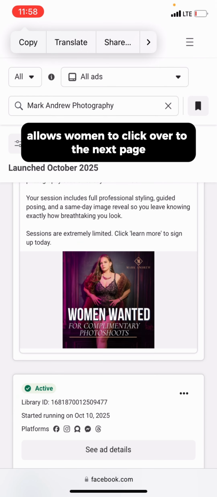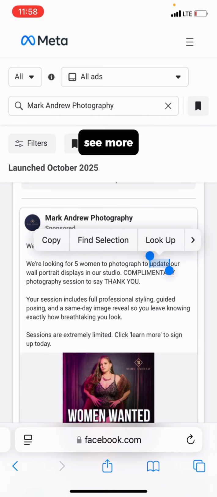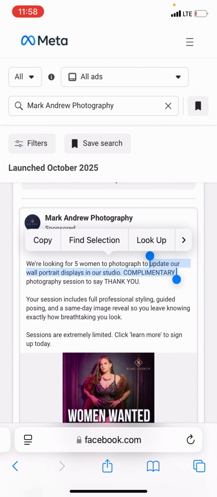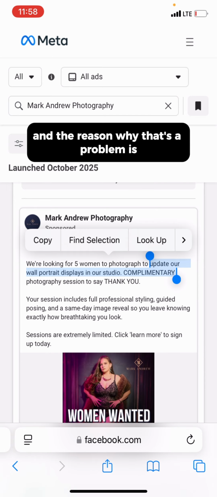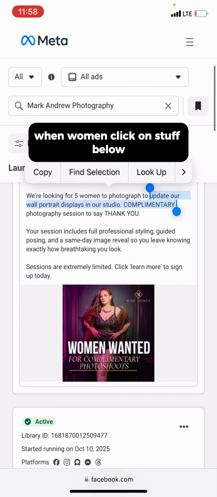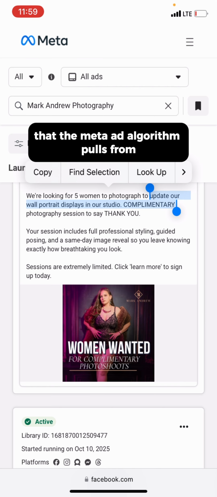is that stuff below the ad allows women to click over to the next page without becoming pre-qualified, instead of being forced to click see more and read the rest of the ad copy before clicking over. The reason that's a problem is the data pools that the Meta ad algorithm pulls from.